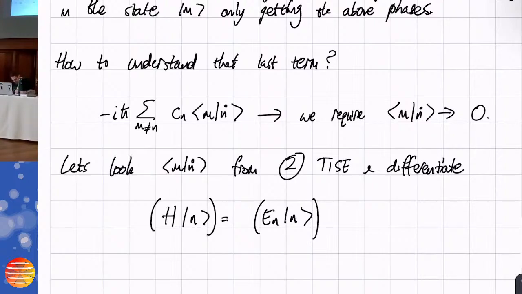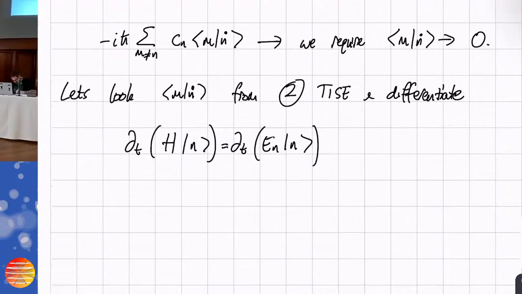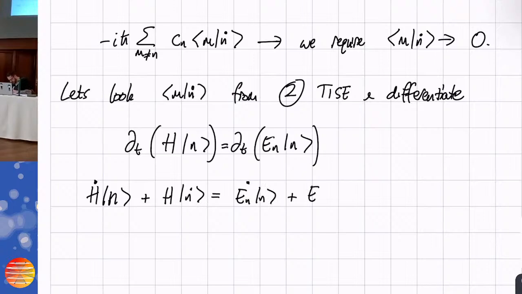I can differentiate this, so I end up with Ḣ|n> + H|ṅ> = Ė_n|n> + E_n|ṅ>.